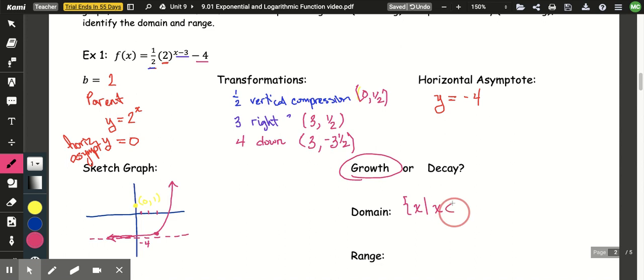The domain is still going to be all real numbers. And for the range, well, the range is affected by the horizontal asymptote, really. It's either everything above that horizontal asymptote or everything below it. So looking at my picture, I can see it's all above that horizontal asymptote. So I would say it's all y's that are greater than -4.